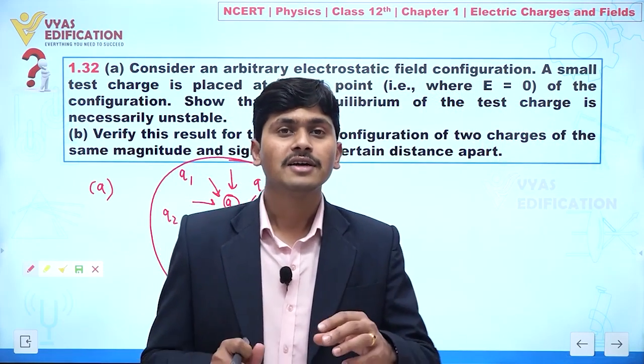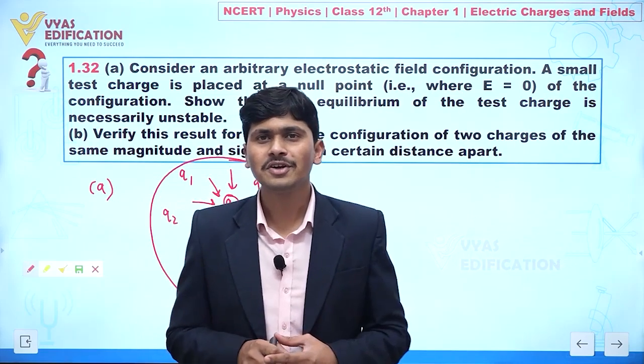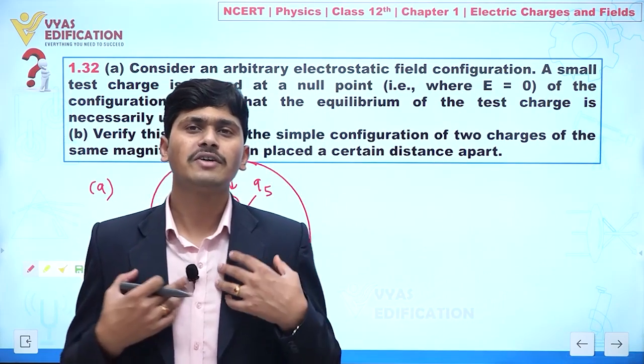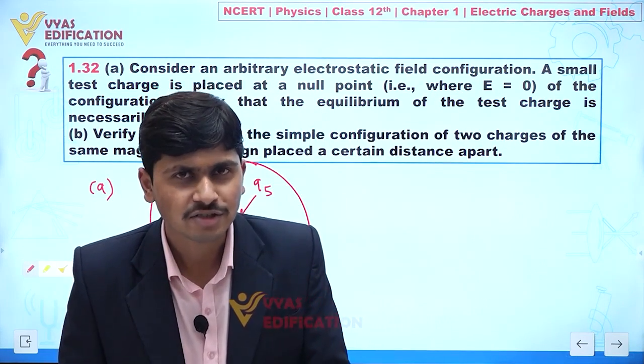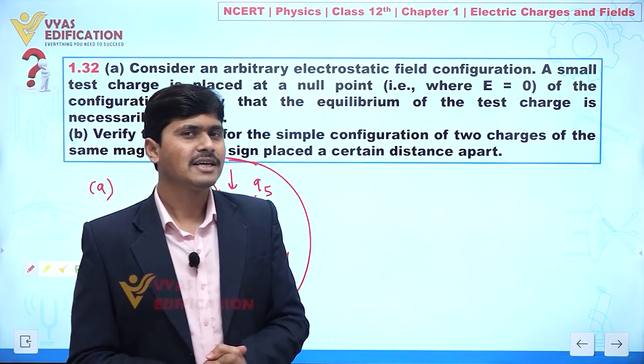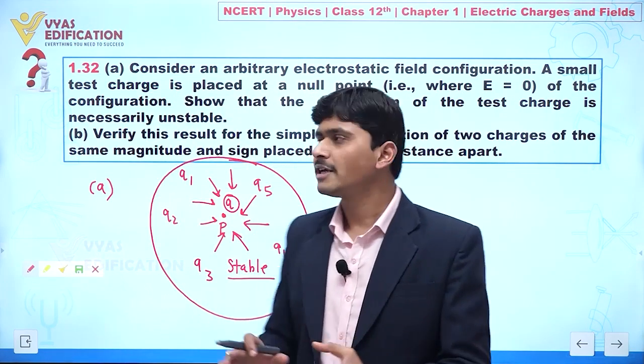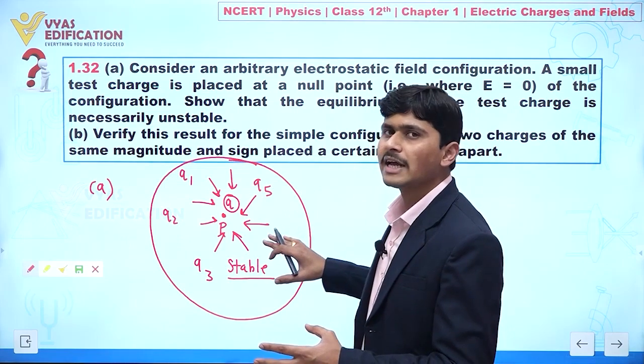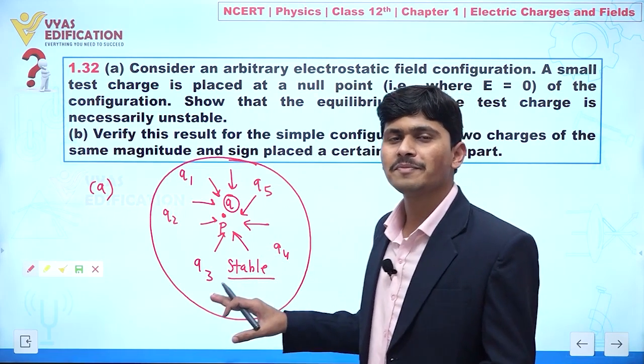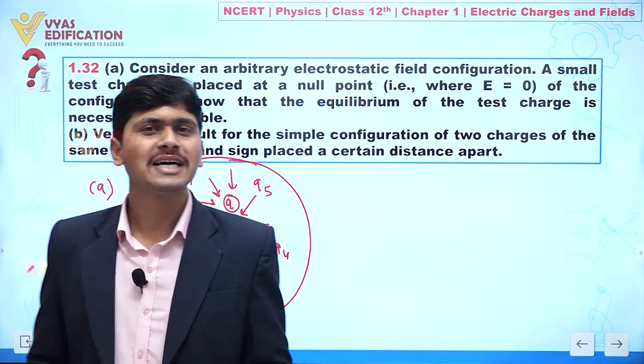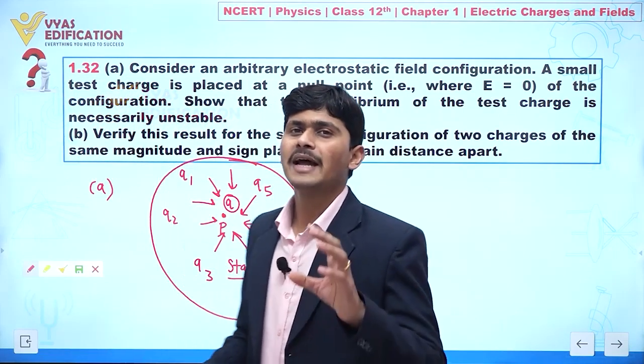Yes or no? But it is given in the question that we have a null point. So this is a contradiction of the statement we assumed. Yes or no? So the statement that the charge is in stable equilibrium is wrong. So in this situation we have unstable equilibrium.